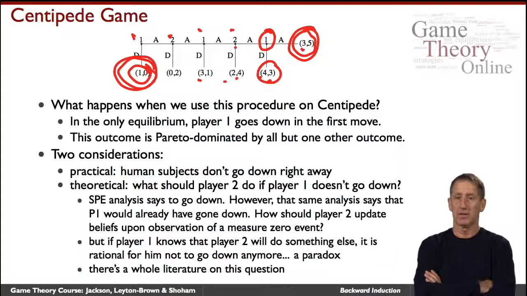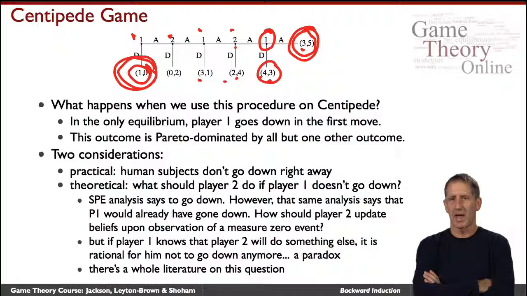Well, on the one hand, you could say the only subgame perfect equilibrium is to go down. They should go down because they'll go through this backward induction argument and it'll tell them that the best thing for them is to go down. But that same argument told player 2 that player 1 would have gone down right off the bat. But they didn't. So maybe they won't go down again. But what will they do?